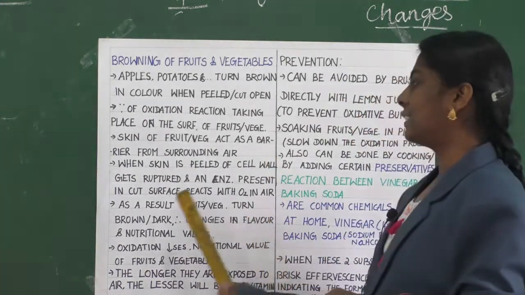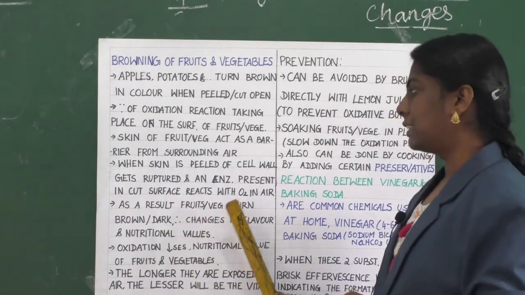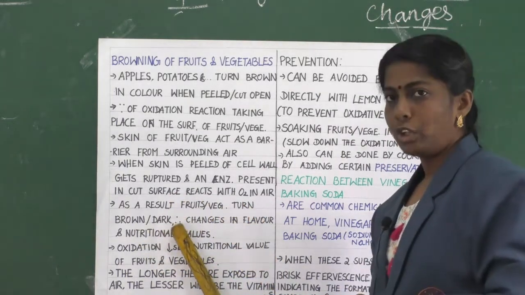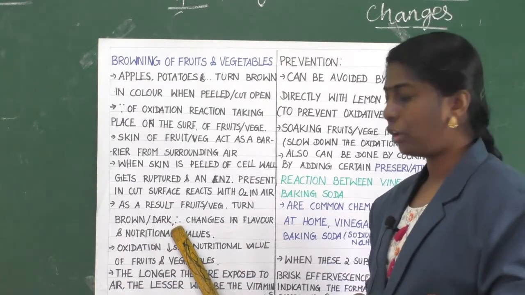Clear? So as a result, fruits or vegetables turn brown or dark in color.